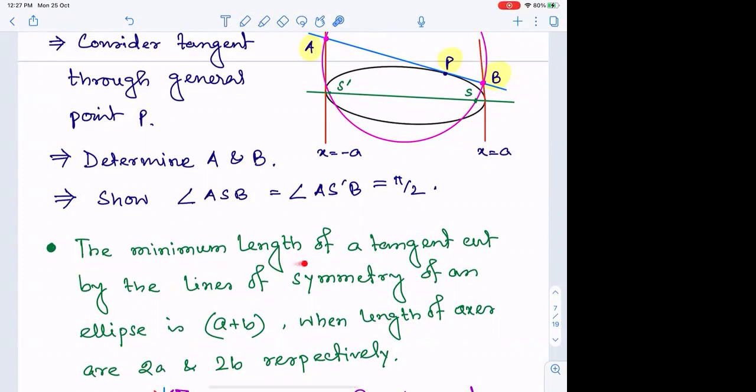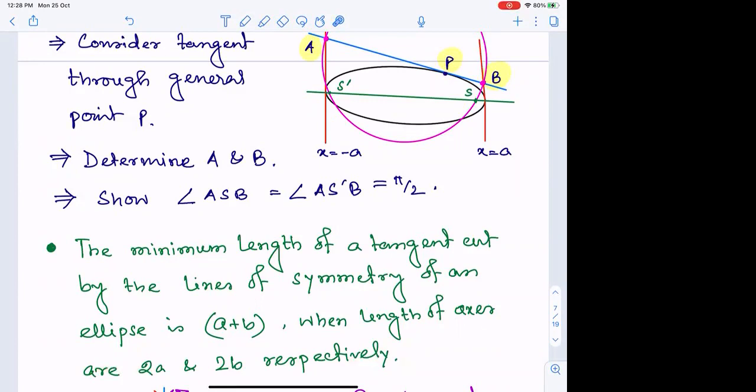The minimum length of a tangent cut by the lines, or better to say the minimum length of the intercept from a tangent cut by the lines of symmetry of an ellipse, is a plus b when the lengths of axes are 2a and 2b respectively.